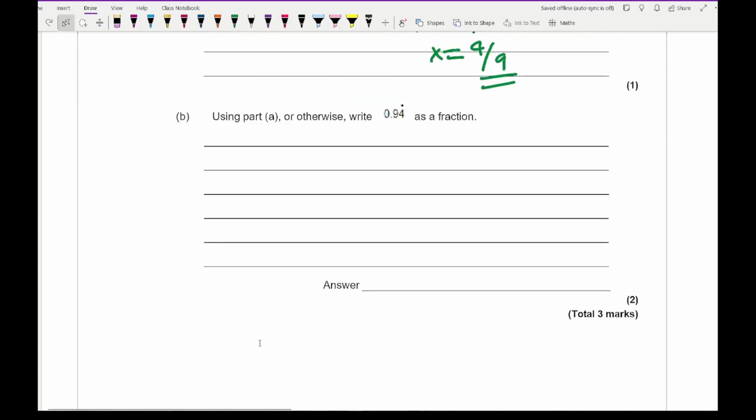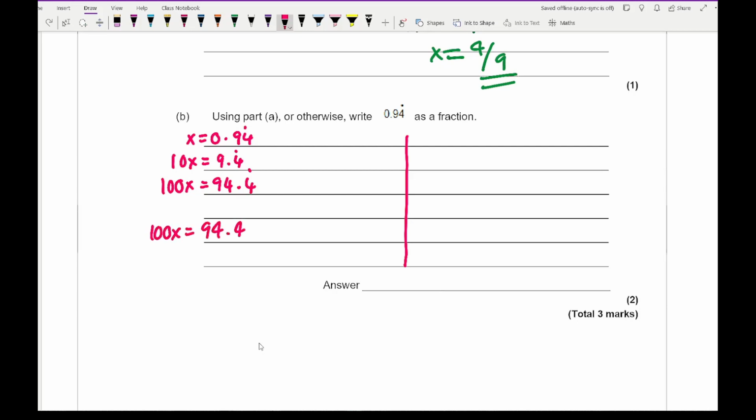The next question then says, using part A or otherwise, write 0.94 recurring as a fraction. So I'll do the first one where we're not using part A. So again, x equals 0.94 recurring. Multiply it by 10 and we get 9.4 recurring. Multiply that by 100 and we get 94.4 recurring. And then 100x equals 94.4 recurring, 10x equals 9.4 recurring.